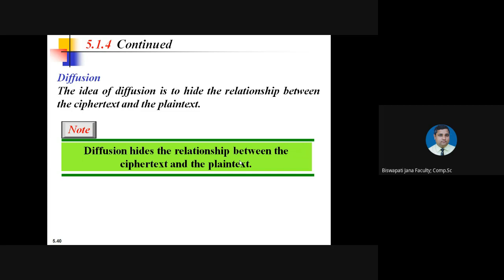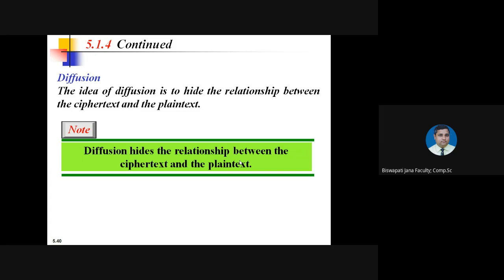Suppose a terrorist sends a message to another terrorist using an encryption technique. If the security persons receive the message, then without any key they try to find the relationship between the ciphertext and the plaintext. If they find any relationship, then obviously they can easily decrypt the message.